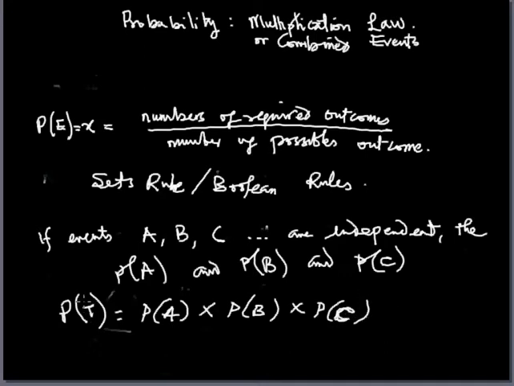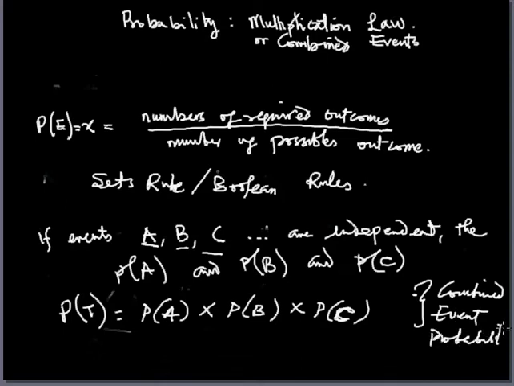Sorry, I needed to clean that up. That's going to be the total probability of these three events happening at the same time. So this will help you, and this is what we're actually talking about: the combined events probability. That means the three are happening at the same time.